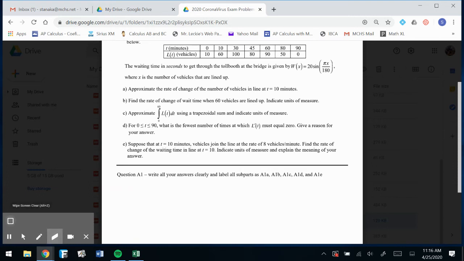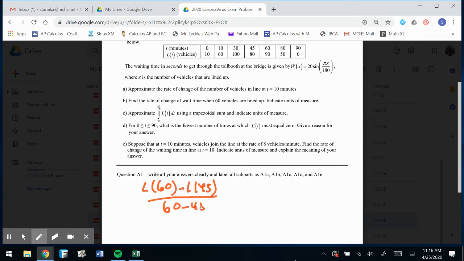All right, let's keep rolling continuously about this table. And I left off with L of 60 minus L of 45 all over 60 minus 45. And that gives me something that's greater than 0. But let's compare that to L of 80 minus L of 60 all over 80 minus 60, right? That gives me a 50 minus 90 on top, which is less than 0.